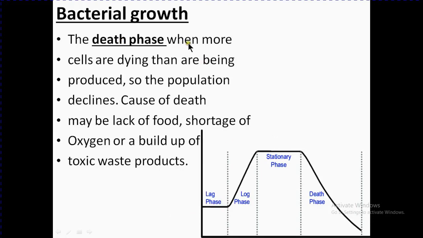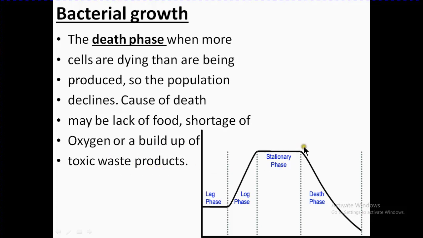The death phase is when more cells are dying than are being produced. As you know, the slope here is going down. The population declines, and the cause of death may be lack of food, shortage of oxygen, or a build up of toxic waste products.